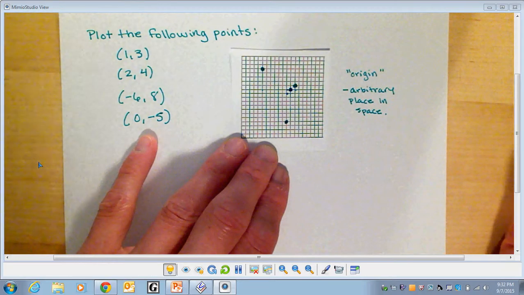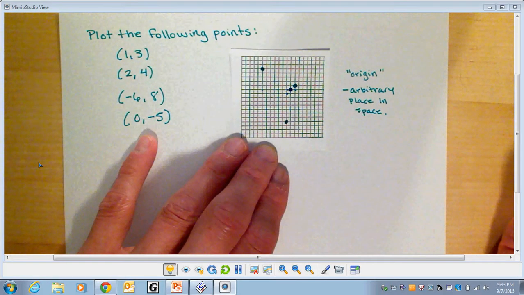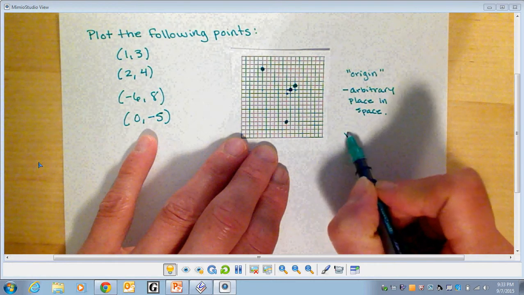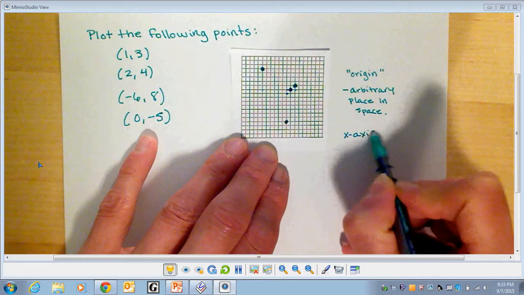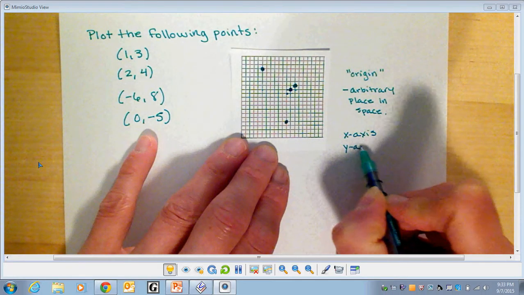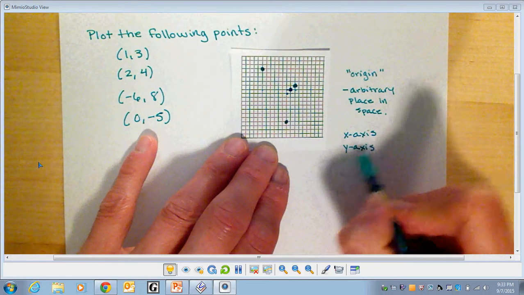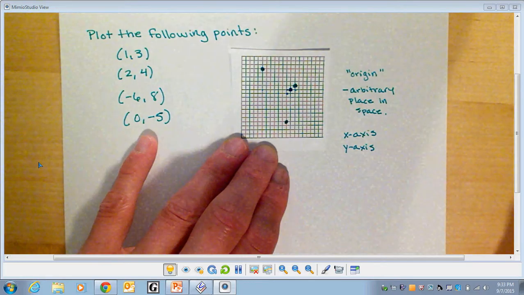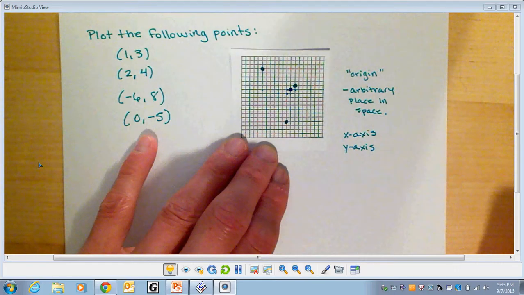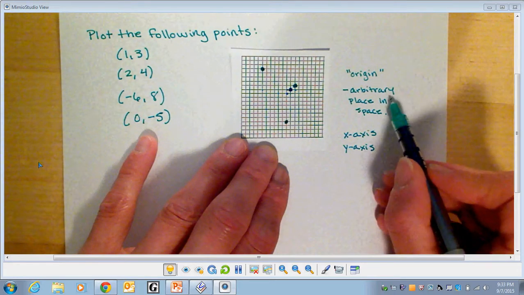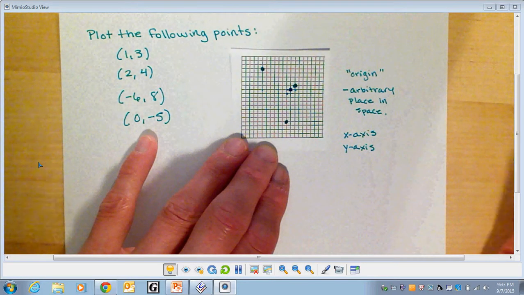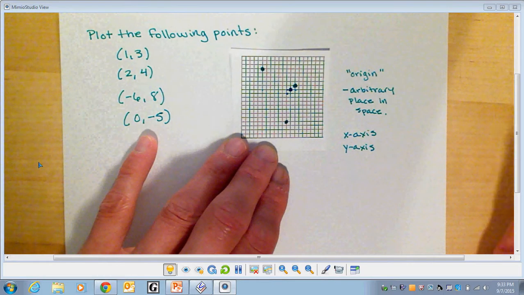So something is missing that makes this much easier. What's missing is we need an x-axis and a y-axis. Our x-axis and y-axis tell us where things are in space. It's a relative marker. It's arbitrary. We just decide that's where it's going to be, and that's how we're going to number it. It's our choice.